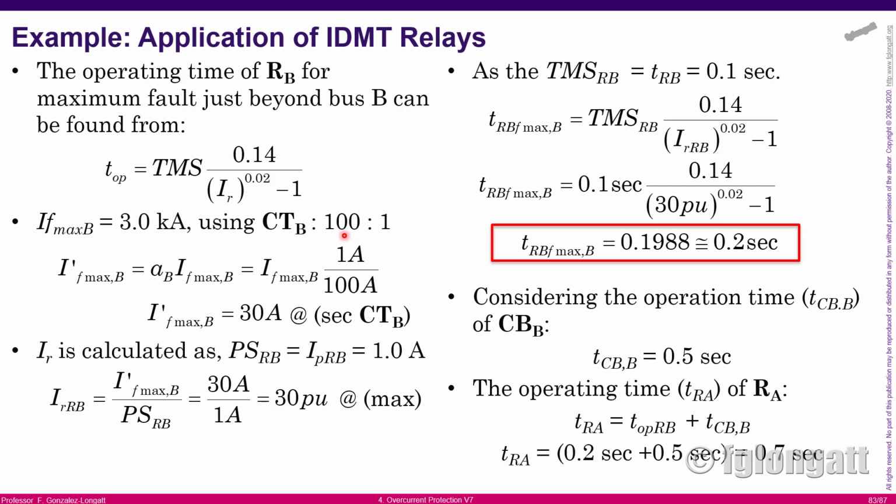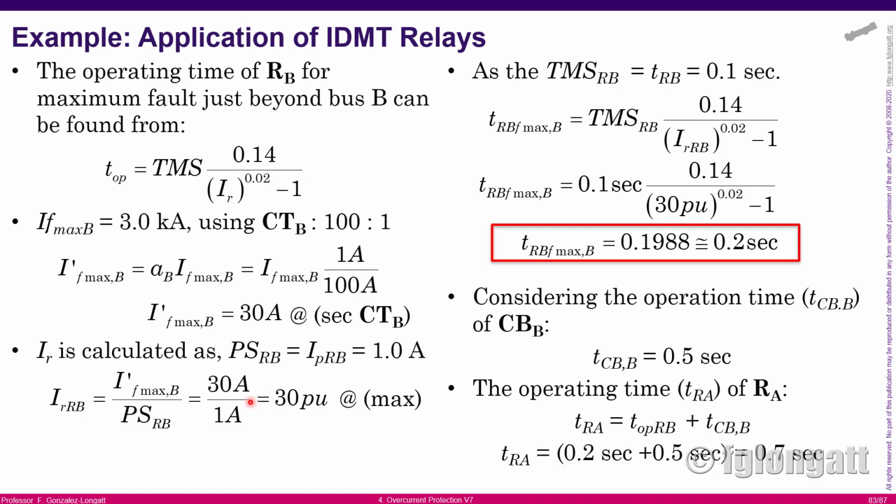Using the transformer ratio 100 to 1, the fault current at B, 3 kiloamps, is transformed into 30 amps at the secondary of the CTB. From there, because you must remember that we are using a pickup current of 1 amp, we can obtain the current in per unit, okay?